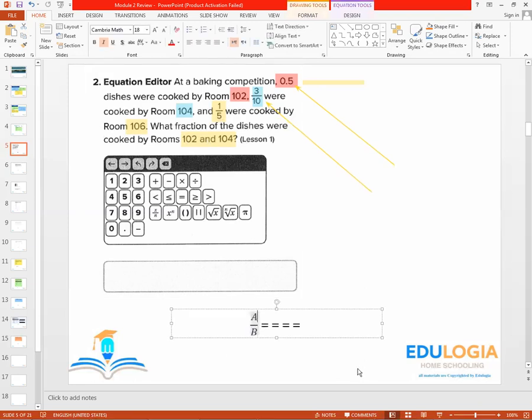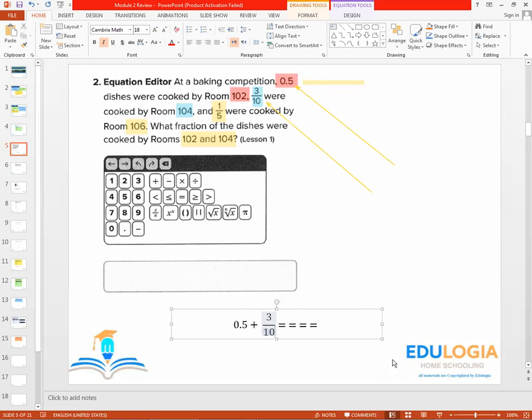The first is 0.5 plus the second, 3 over 10. Oh my God, it's a decimal and a fraction. How can I make addition?